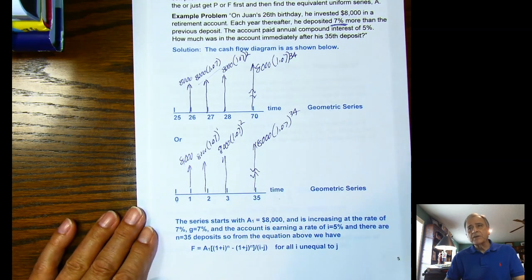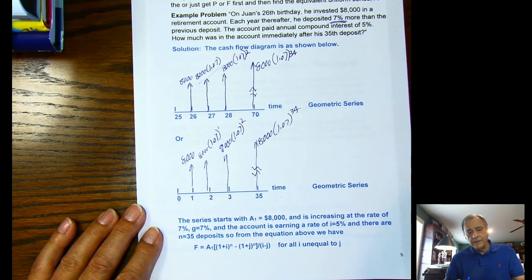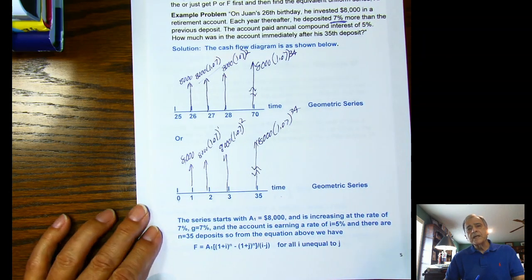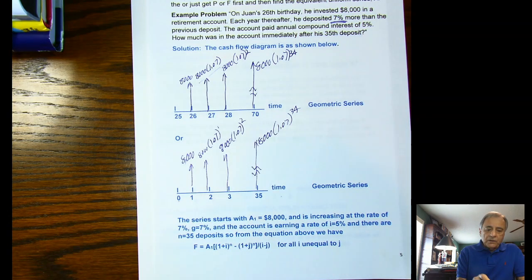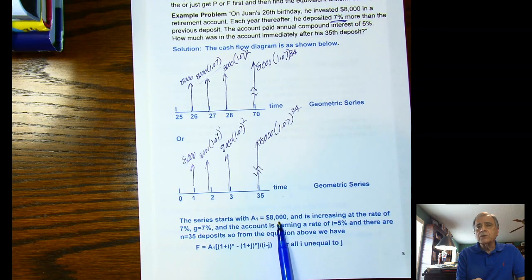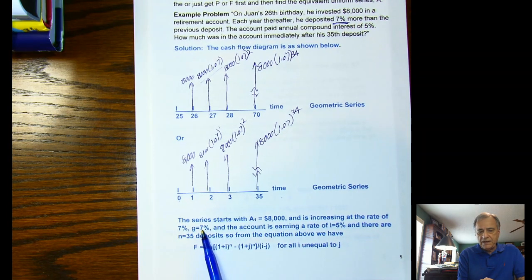I always use the app because that's the quickest way, much quicker than looking into tables. This app is really great. Okay, so the series starts with A1 equal to 8,000 and is increasing at the rate of 7%, so g is equal to 7%.